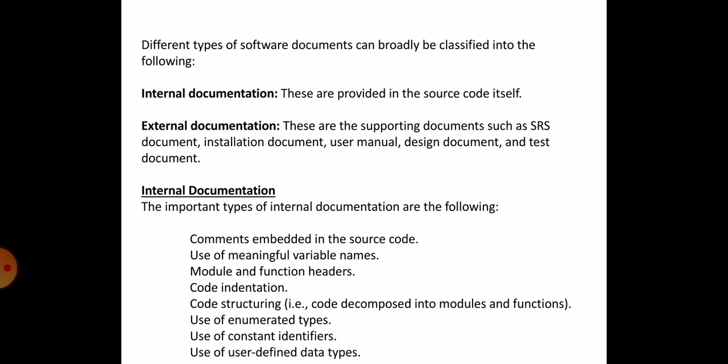And experiments suggest that out of all types of internal documentation, meaningful variable name is most useful while trying to understand a piece of code. It helps the most. The meaningful variable names in a program help much more in the understandability of a program. And as we said earlier, for an average of 3 lines of source code, the developer can specify a comment line.